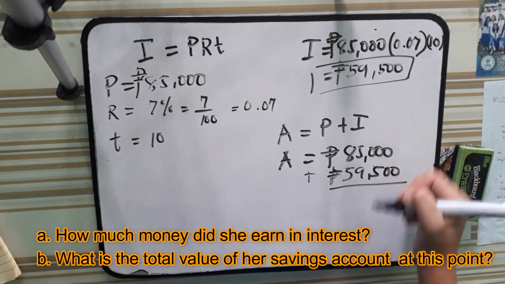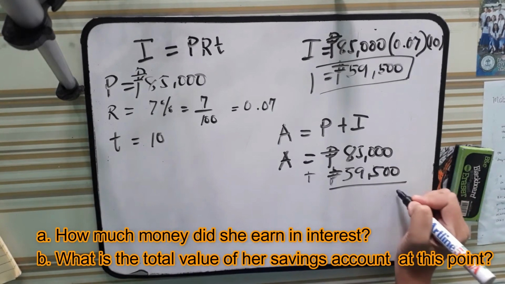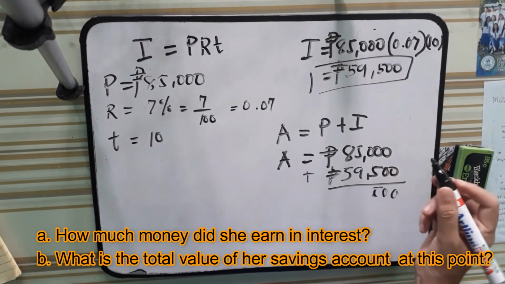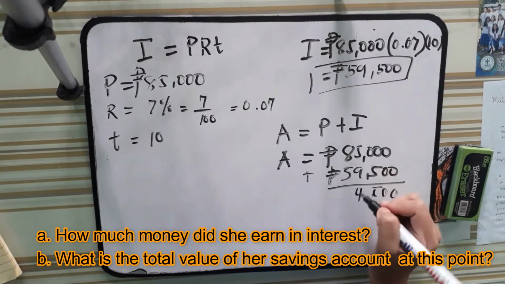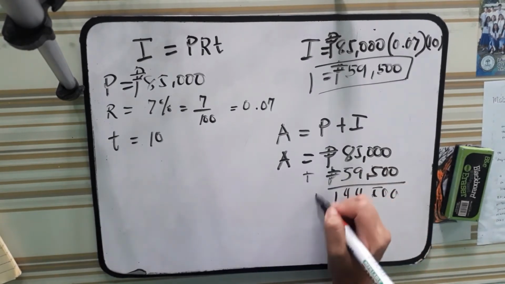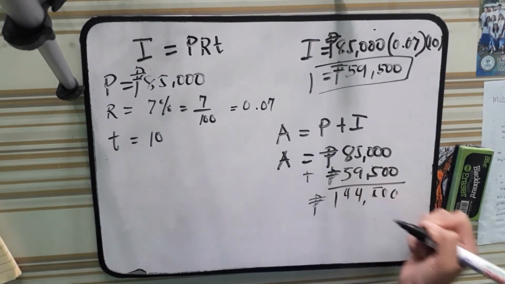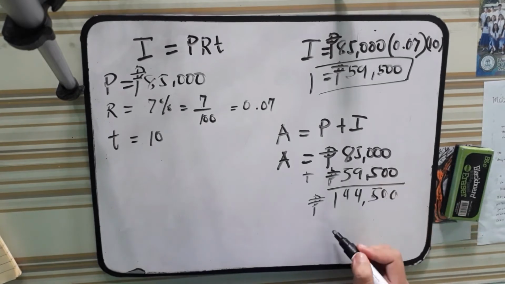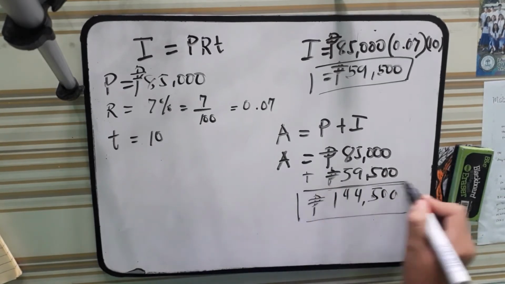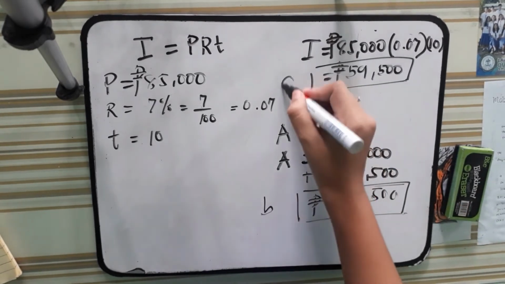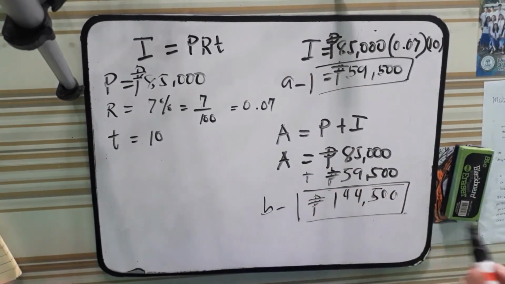Then after that, we add. So the answer here is 144,500 pesos. So this is our answer for letter B. This is for A and this one is for letter B.